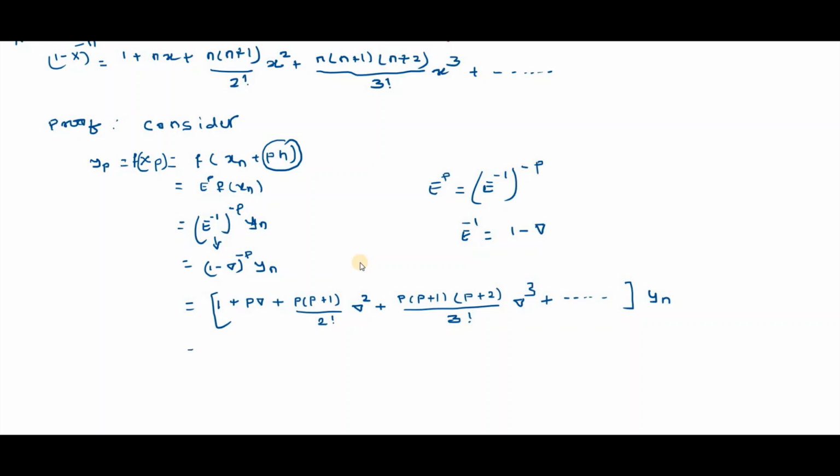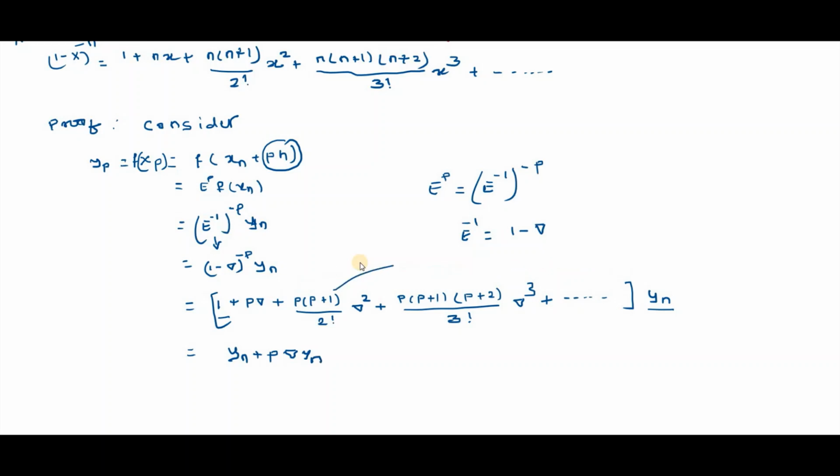Now multiplying the whole bracket with the term yn. First, multiplying with 1, 1 into yn is equal to yn. Now multiplying the second term, p into yn, you will get p into del yn.